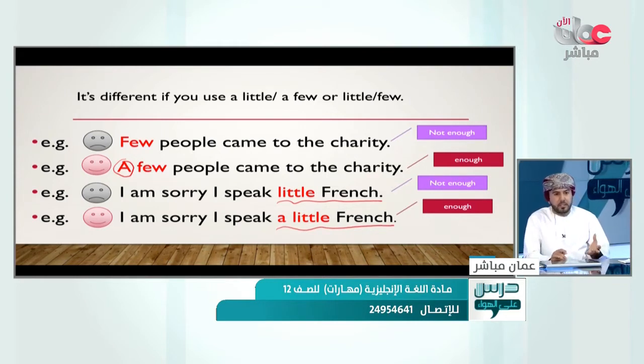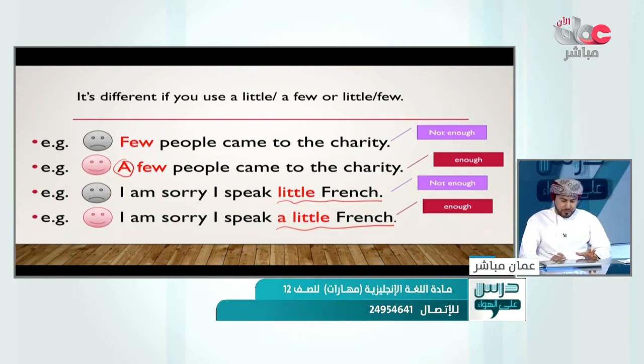Also here, little gives the negative meaning, which means that it's not that much, and I can't understand you. Yeah, you can speak little French, but it's not enough to understand you. But in the second one, I am sorry, I speak a little French, which means that, yeah, you speak little French and it's enough to understand you. So I am happy and satisfied about what you are saying, and I can understand you.